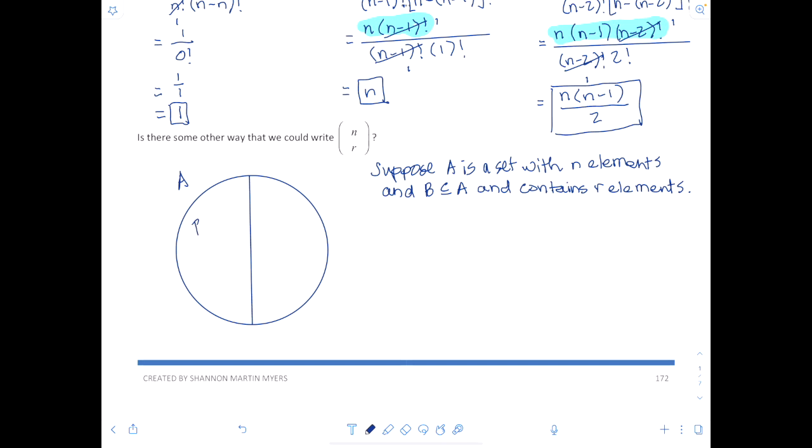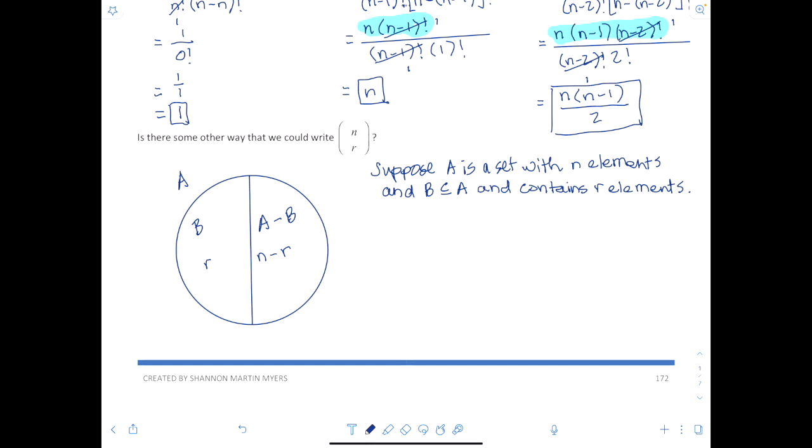Let's say that right here is set B. And the whole thing is set A. And set B is just this part, and B has R elements. Well, instead of naming the other set C, we could do that subtraction of sets, right? Where this part of it would be A and not B. And so how many elements would that have? We know there's how many elements in A? Beautiful, N. And then we would take away the R elements that are in B.